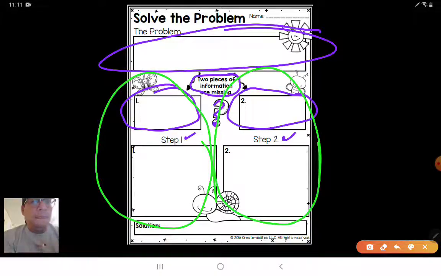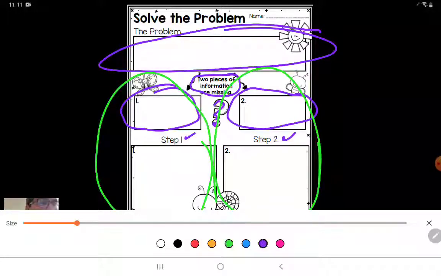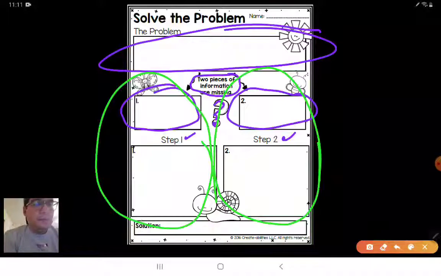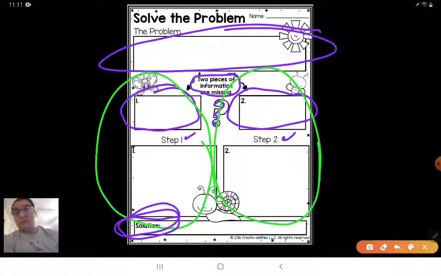Also here on the very bottom part, once again in purple, is the solution. This is where your answer goes at the end.